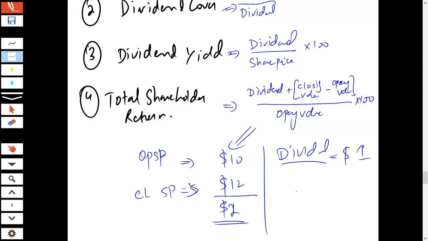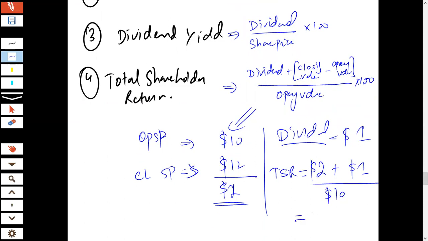Think from the perspective of the shareholder: how much has he earned? He has earned $2 in the form of capital gain and $1 in the form of dividends, on the opening $10. So it's going to be 30%, which is the total shareholder return.